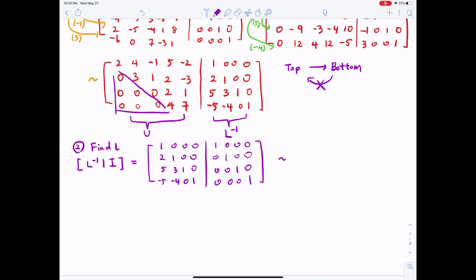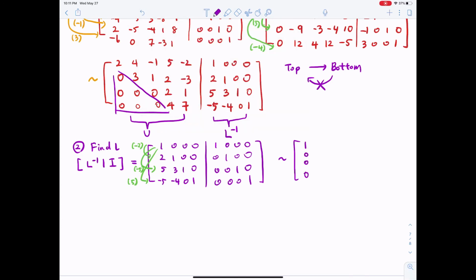And we can reduce this by multiplying. You want to multiply the first row by -2 and add this to the second row. Similarly, you want to multiply by -5 for the third one and +5 for the last one. Then this gives you 1, 0, 0, 0 in the first column.